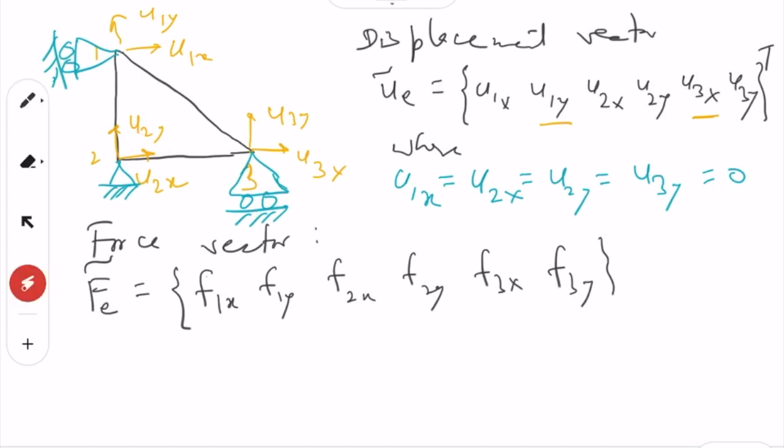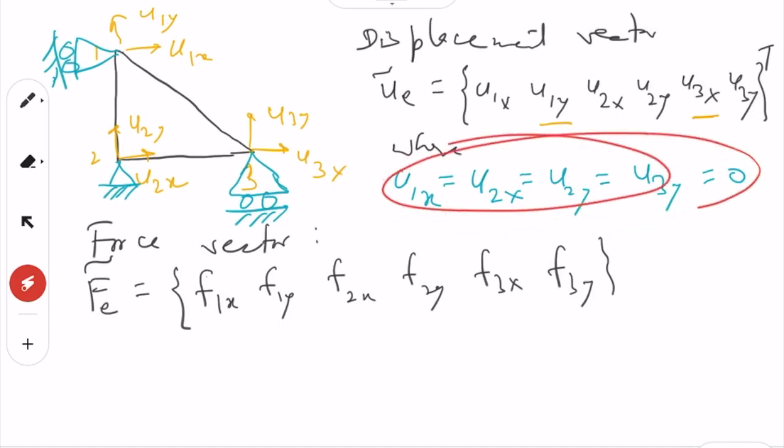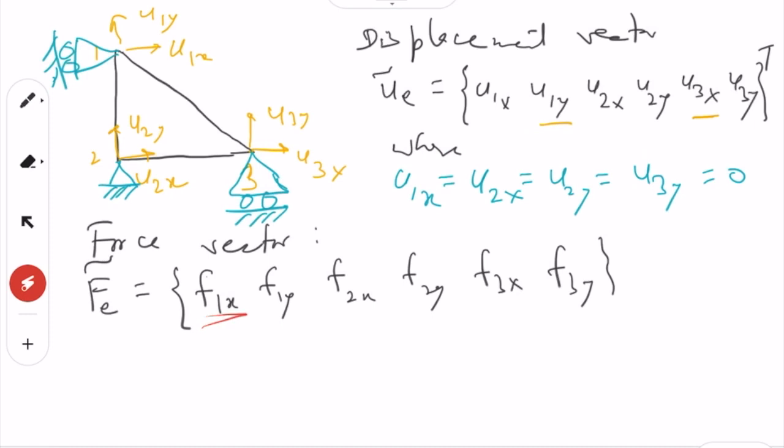What you see corresponding to all these will be reactions, right. Only this and this we have to find out.